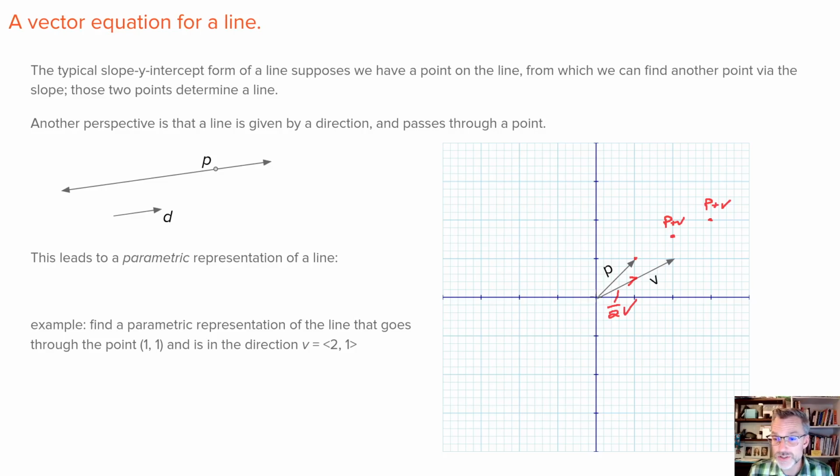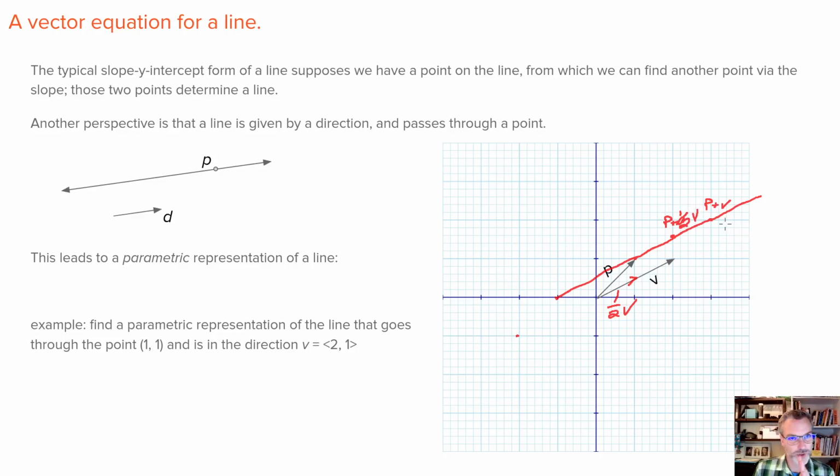And I could keep on doing that. And eventually, all these points, they would form a line. Like this. Okay. Oops, this should have been, sorry, 1/2 v. Like that.